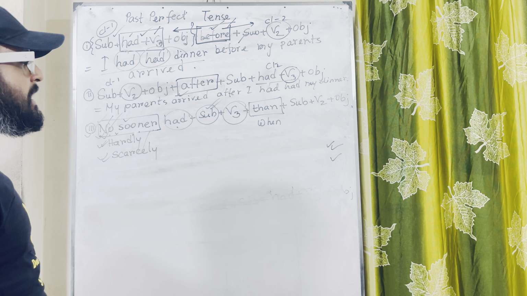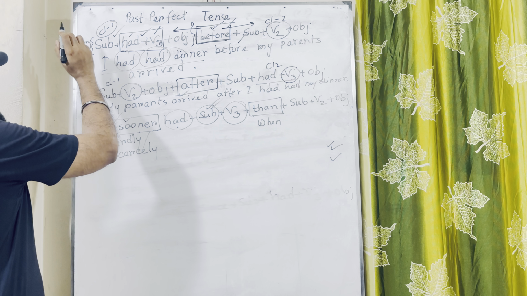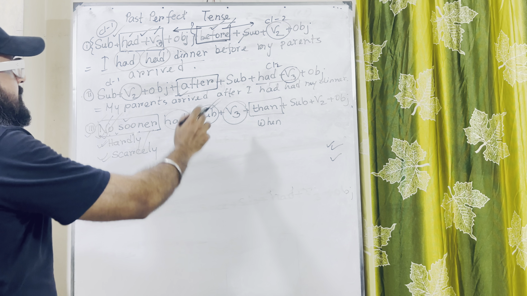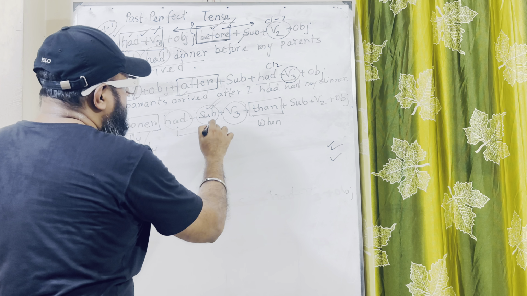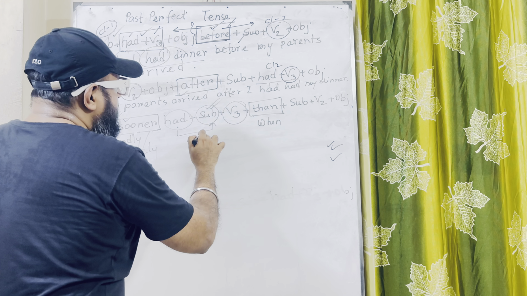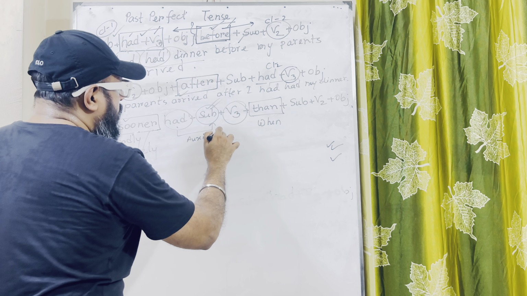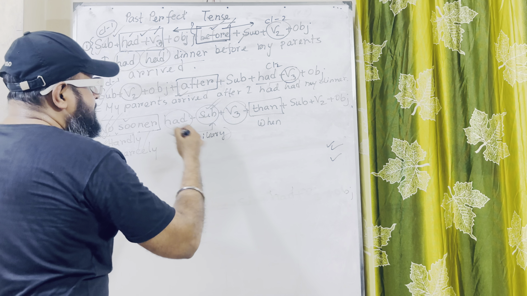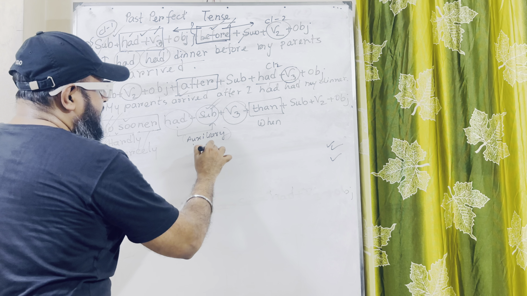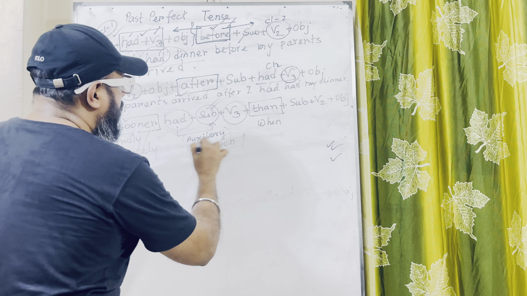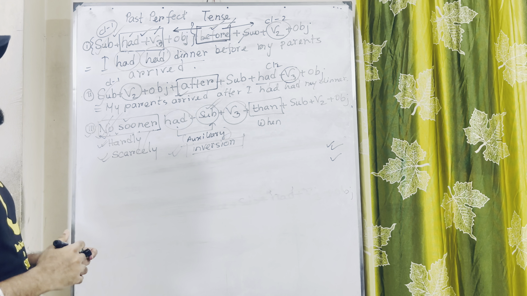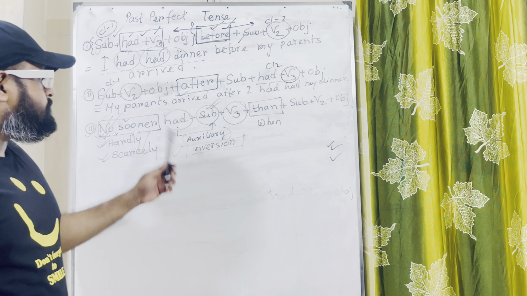So it's a little different from patterns 1 and 2, where the subject comes at the very beginning, but here the subject comes after the auxiliary verb. In English this is also a common practice of writing sentences, and it's known as inversion. I will discuss this topic later in another video in detail.